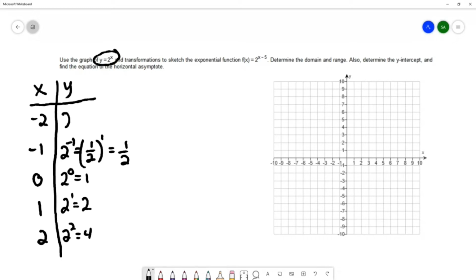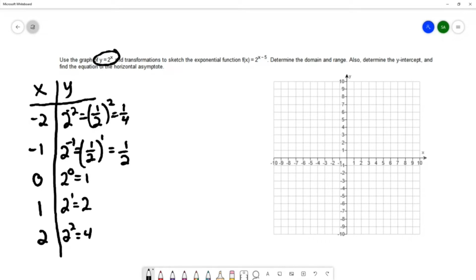And we have 2 to the -2 power. The negative, we do the reciprocal of the base, and then raise the power to get 1/4. So that gives us a set of ordered pairs, and I'm going to graph this equation.